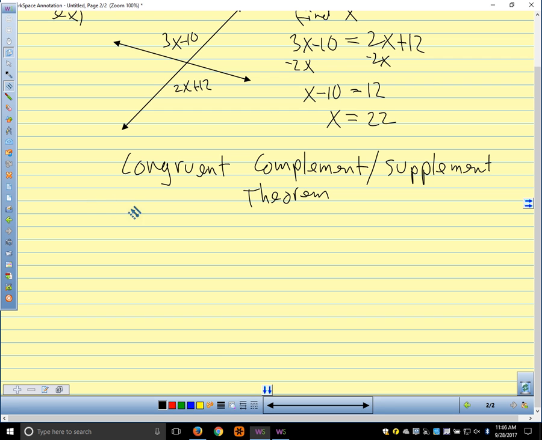And I wrote complement slash supplement because we'll do the proof for the complement part. The supplement part is exactly the same, you just change a number.